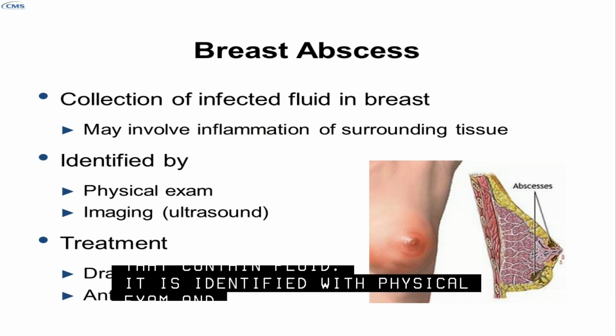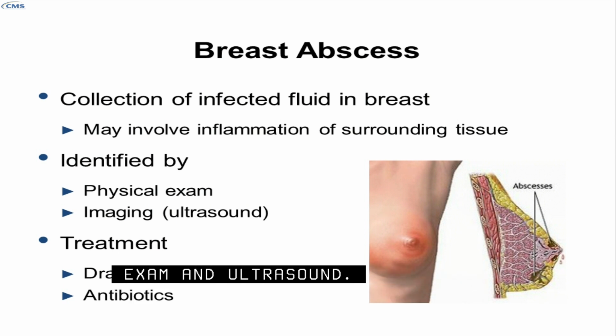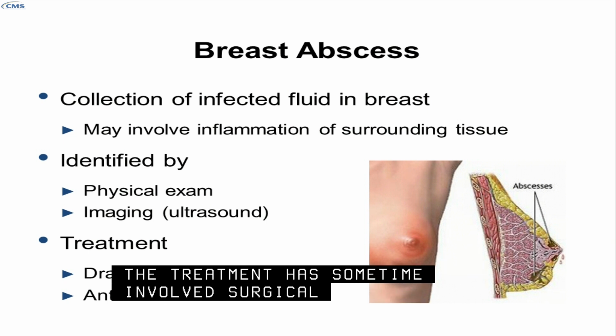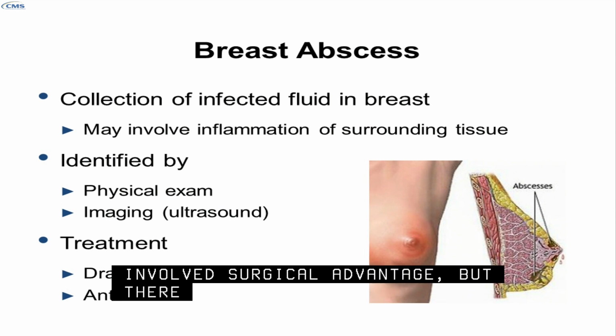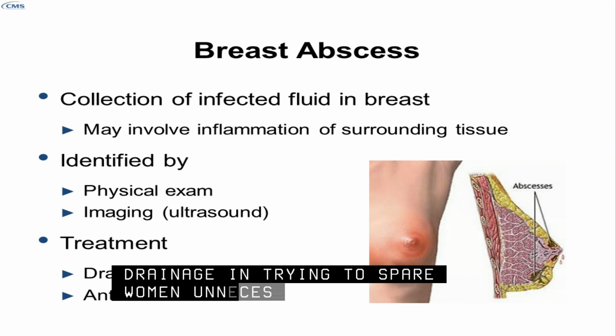The treatment has sometimes involved surgical drainage, but increasingly there's an emphasis on percutaneous drainage and trying to spare women unnecessary open procedures. Antibiotics, of course, are an adjunct to treating these infections.